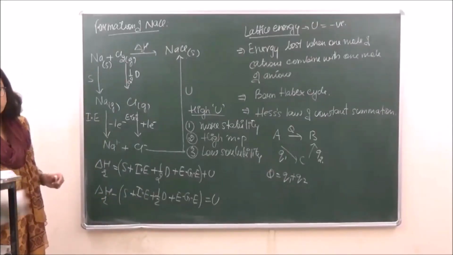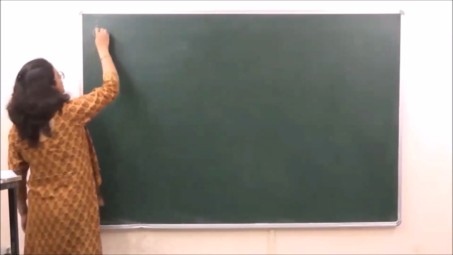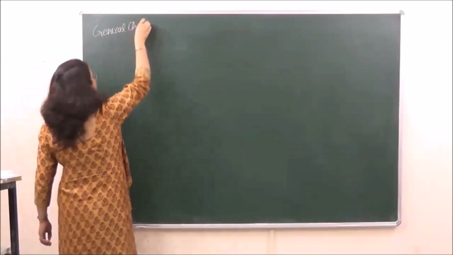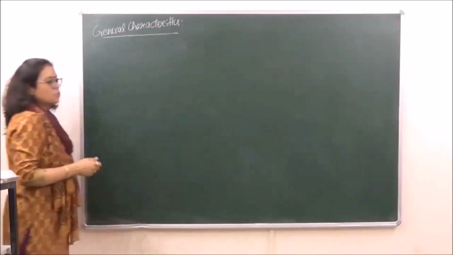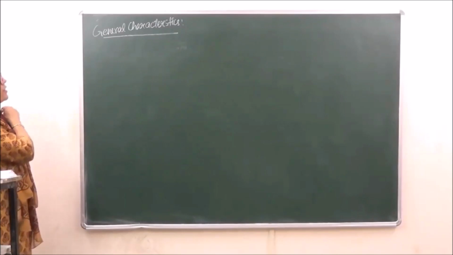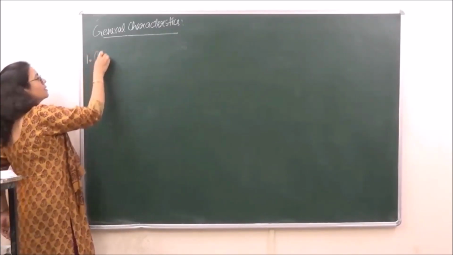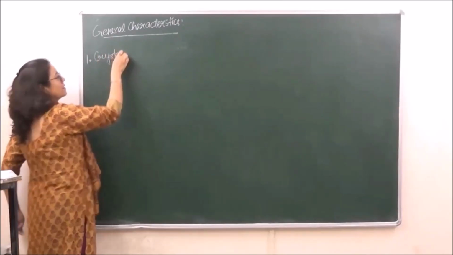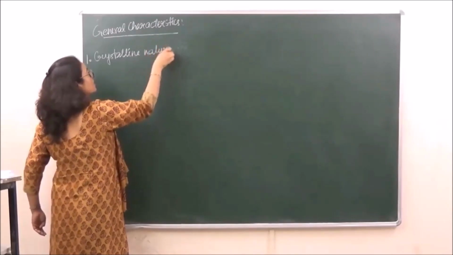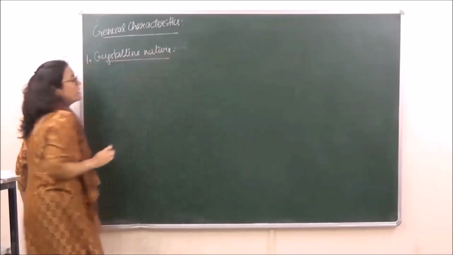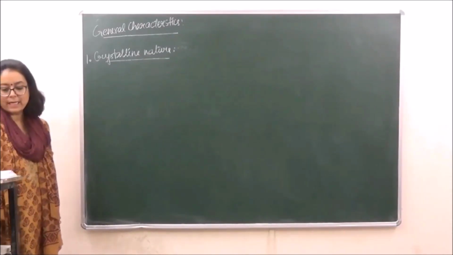Let's go on to the general characteristics of ionic bonds. Okay? In general characteristics, the first characteristic is the crystalline nature. All the compounds which have ionic bonds are going to be crystalline in nature.